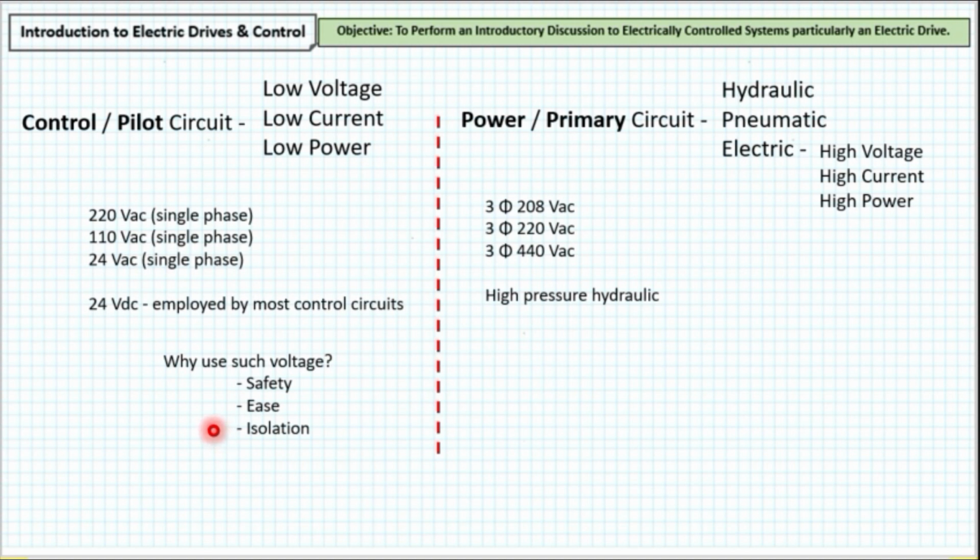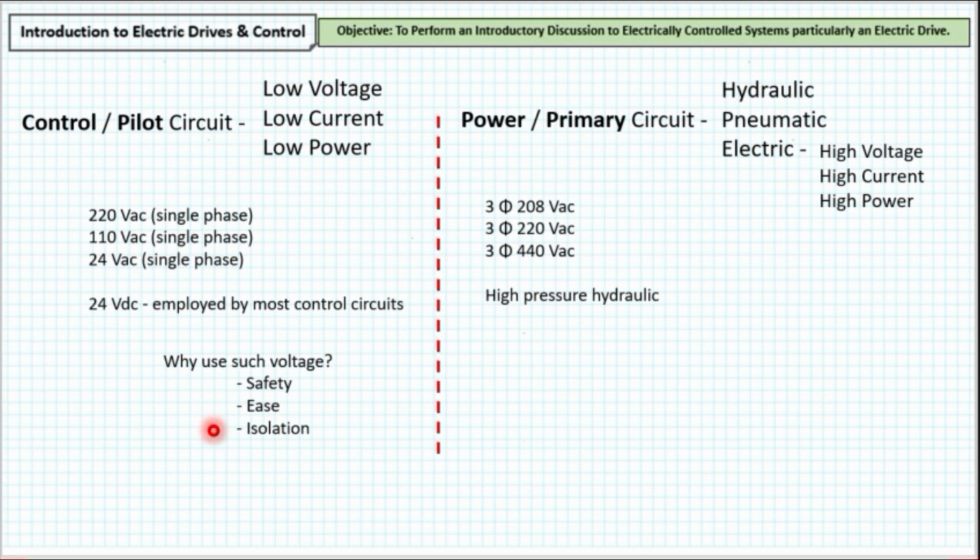When we try to troubleshoot an electrically controlled system, especially mga motor circuits natin, most of the time yung i-check natin dyan kapag may malfunction is the control or pilot circuit. So yung control/pilot circuit natin, mas mahirap yan i-maintain kung high power yan. So mas madali siyang ayusin, gawin, mag-perform ng maintenance at low voltages.